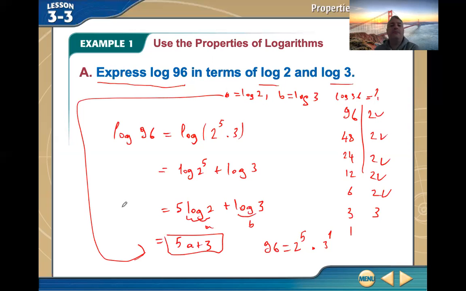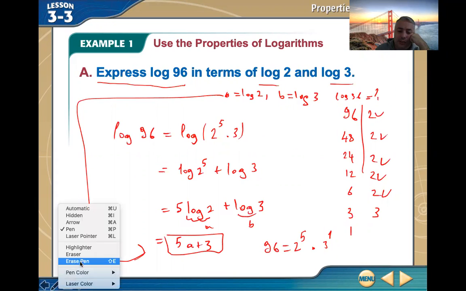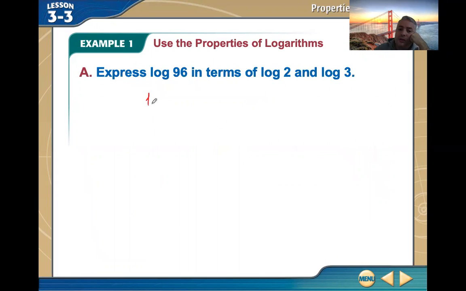Check it. If you have a question, let me look. So I want to ask you something. Logarithm of 18. This is now A. This is now B. What will it be in terms of A and B?